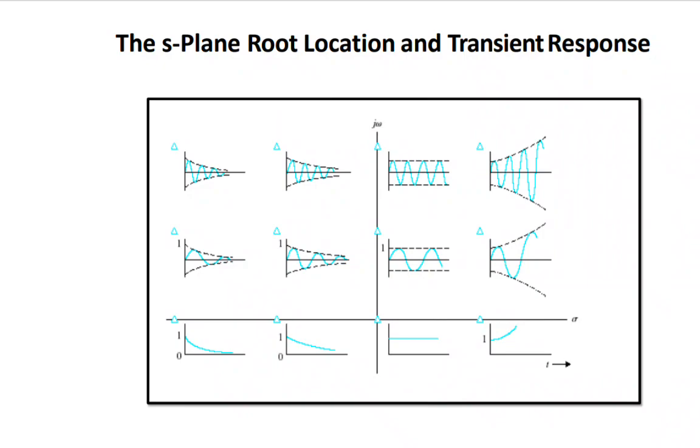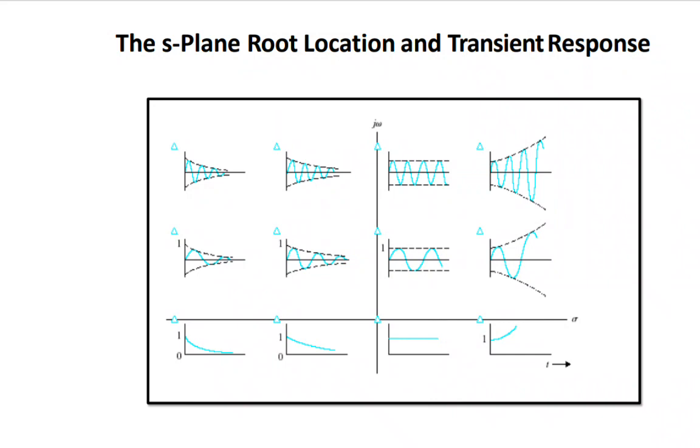Now see, when the poles lie on the left half of the S plane, the output response is a damped sinusoid, where the amplitude is reduced, multiplied with e to the power minus xi omega n t into sine of omega d t plus theta. In such a way it goes on, which means it is a decaying nature.